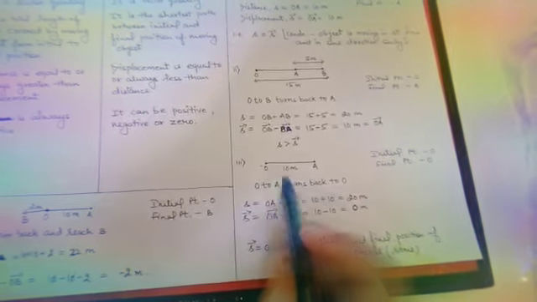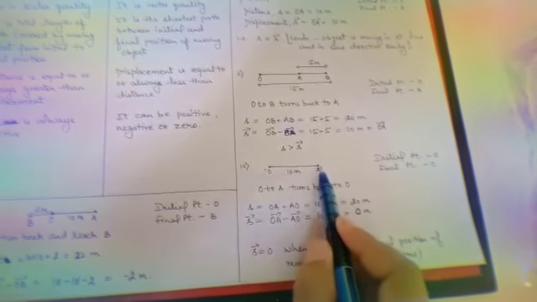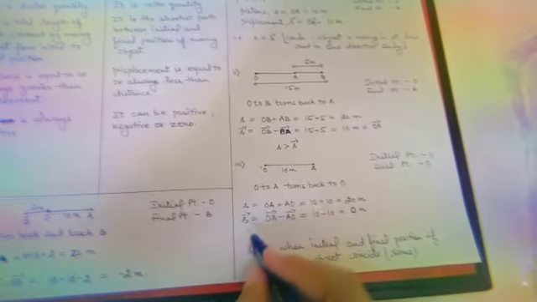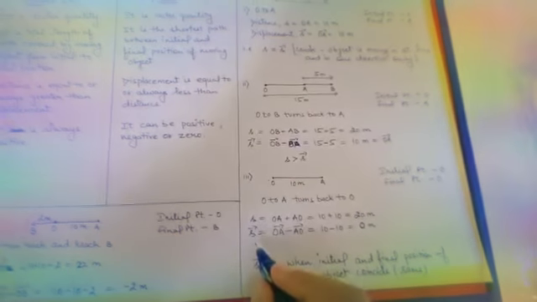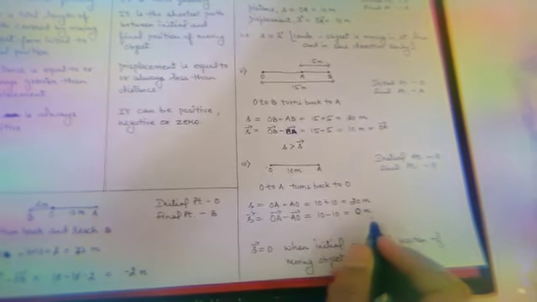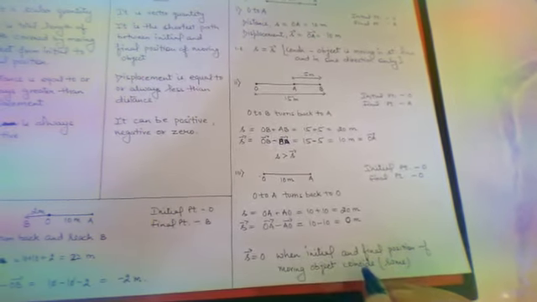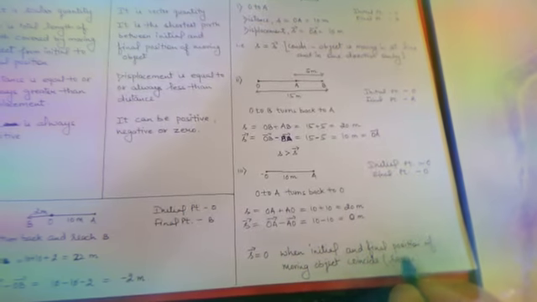Now the displacement, OA, as it turns back minus AO, as it is a vector quantity and direction matters. So 10 minus 10 equals 0 meters. So here we have seen displacement is 0 when the initial and final positions of the moving object coincide, or the initial and final points are the same.